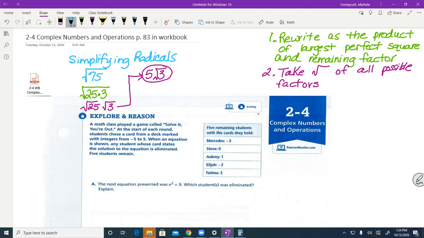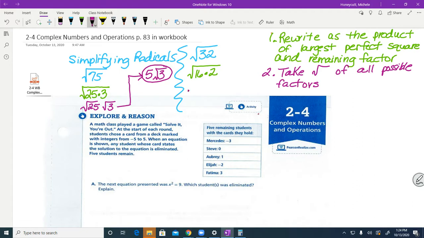I'll show you one more example like that: the square root of 32. I can rewrite that as the square root of 16 times 2, because 16 times 2 is 32, and 16 is a perfect square.